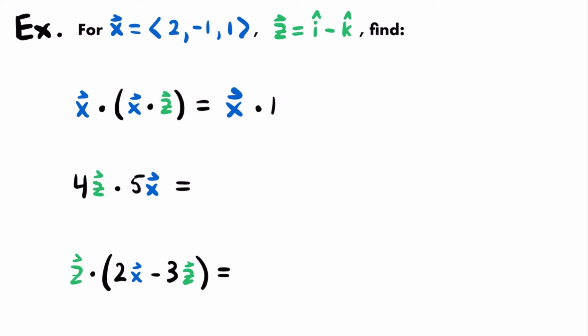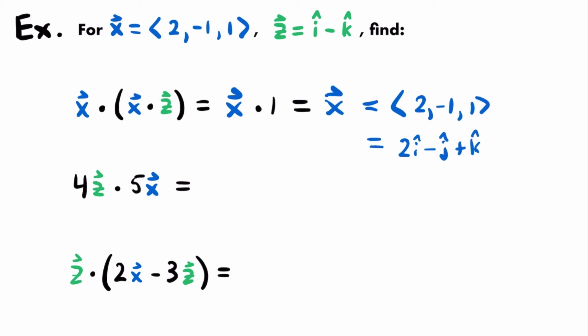And so to save time, we'll reuse that value and just have that scalar of 1 multiplied by x, which means this is just going to be equal to vector x, right? Any vector multiplied by 1 is just going to be that vector. And we know that vector x is equal to the vector of 2, negative 1, 1, or if you want to use your standard unit vector notation, it would also be equal to 2i minus j plus k, right?